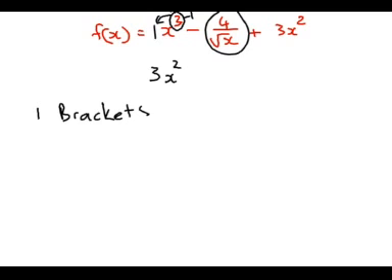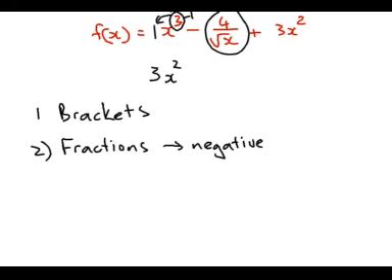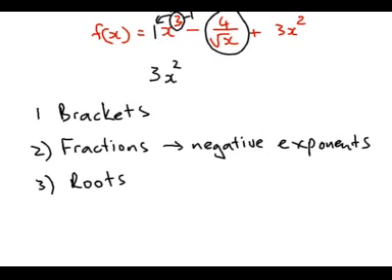You need to get rid of all brackets, so you need to multiply brackets out. You need to get rid of all fractions where x, or the variable, is below the line. You need to get rid of that by using negative exponents. Okay. Alright? And then the third thing that you need to get rid of are roots.